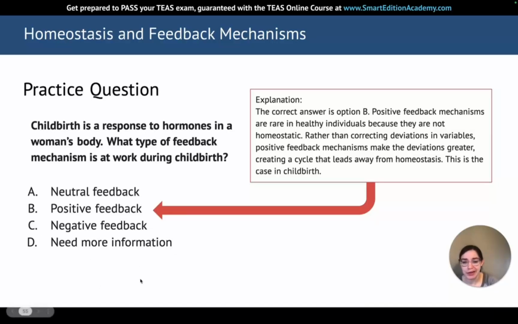Be really careful with answer options like option D, need more information. Sometimes that can be the correct answer, but before you select that, you really want to make sure that you know what the question is asking you and what each answer option means. And you really need to make sure that you genuinely do need more information to be able to answer the question.